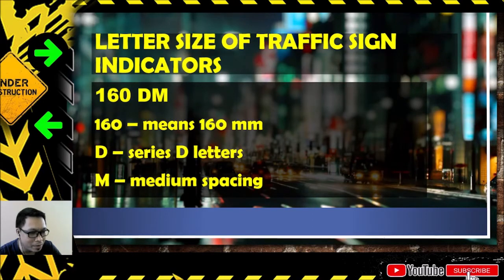So if you are given an identification of what letter size you are going to use on a traffic sign, such as 160 DM, it means the 160 tells us to make use of a 160 millimeter size, the D series is the letter series you are going to use, and the spacing should be medium spacing. So that is what is meant by 160 DM. D is for series D letters, then M is for medium spacing.